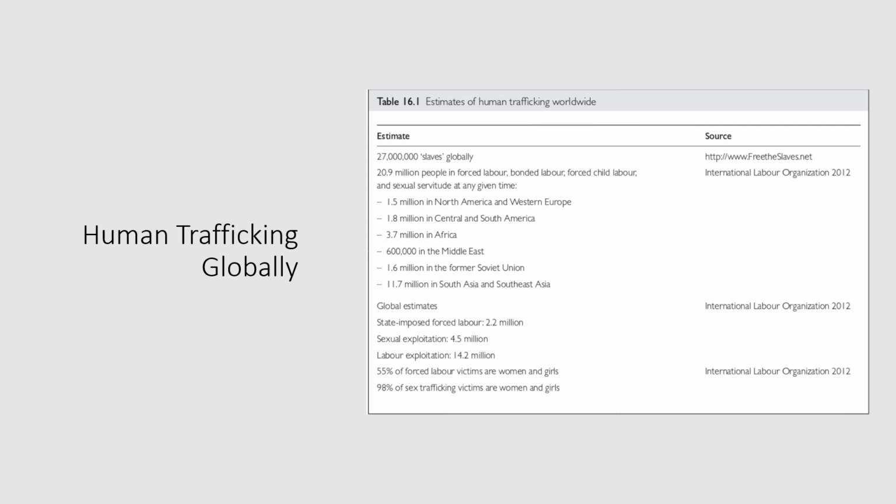Africa has very high concentrations, but the highest concentration is 11.7, so almost 12 million, in South Asia and Southeast Asia. You do have state imposed forced labor, and you can see those global estimates there as well.